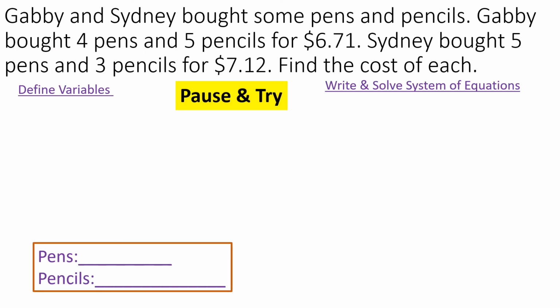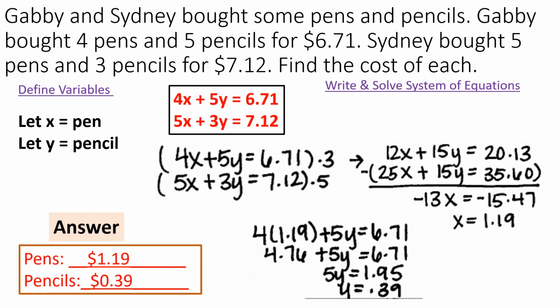All right, I would like for you to try this problem on your own. So go ahead and pause the video and try this one on your own. All right, and so the system that you should have written was 4x plus 5y is equal to 6.71, for 4 pens and 5 pencils is equal to 6.71. And then 5x plus 3y is equal to 7.12.